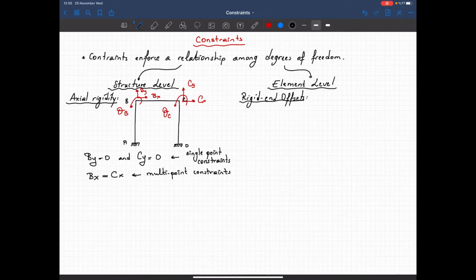Let's say that I have a member here, okay, but I want some portion of this member's ends to behave rigid. Okay, these parts are rigid parts of the member, and this part is the flexible part of the member.